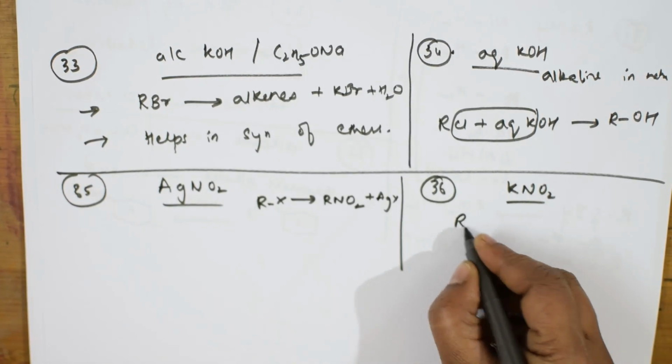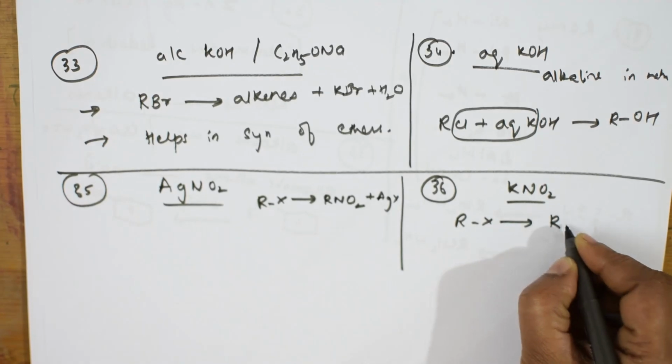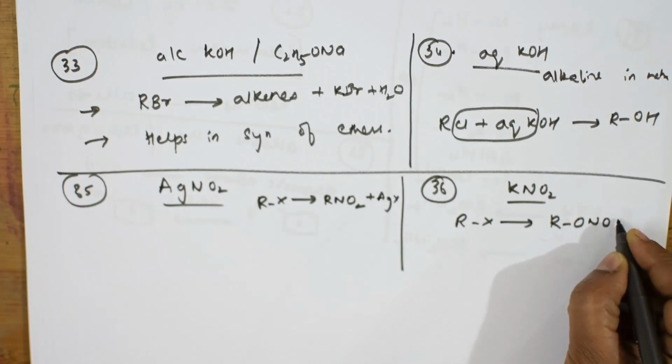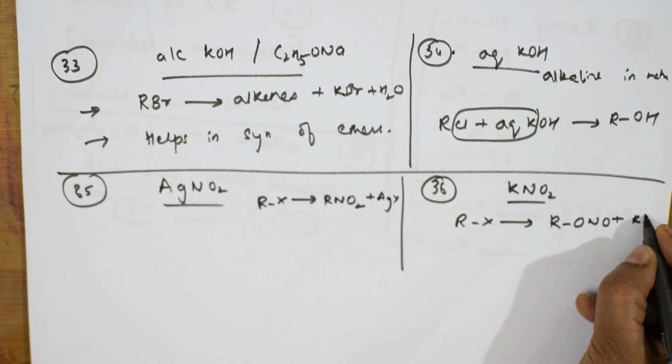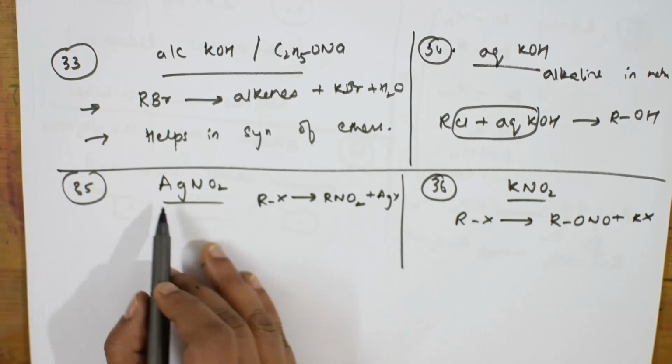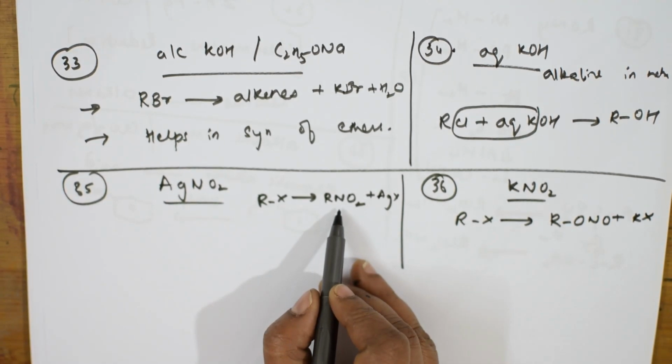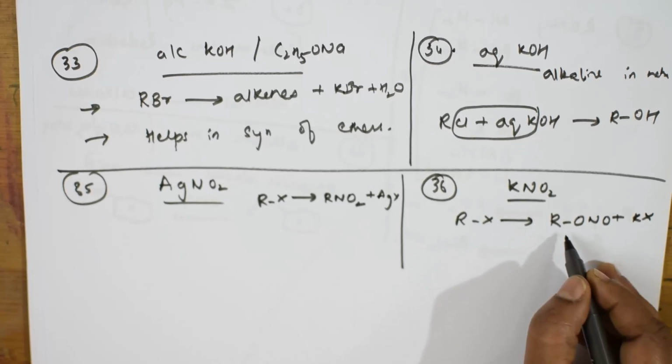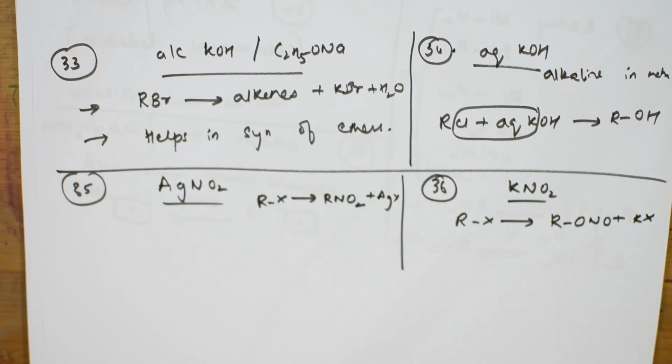Potassium nitrite converts alkyl halides to RONO, ambidentate, plus KX. This is the difference. AgNO2 gives nitro compounds, while KNO2 gives alkyl nitrite, RONO. That's the difference. Yes, students?